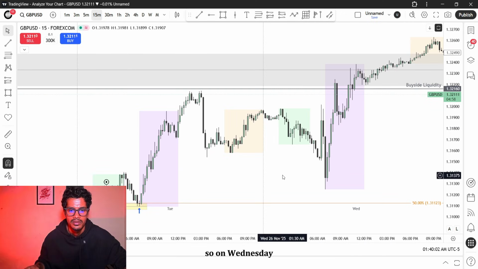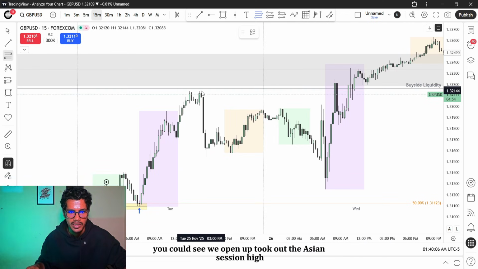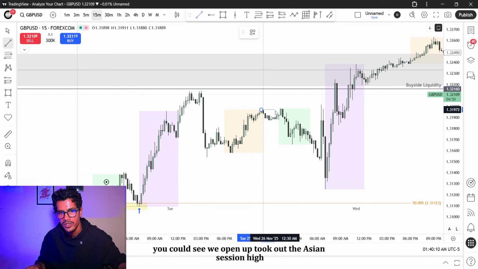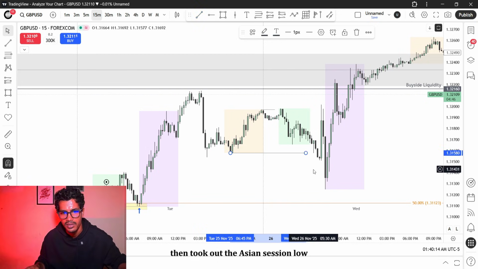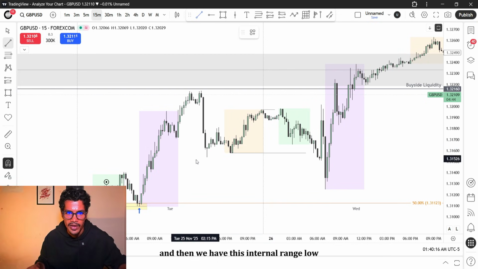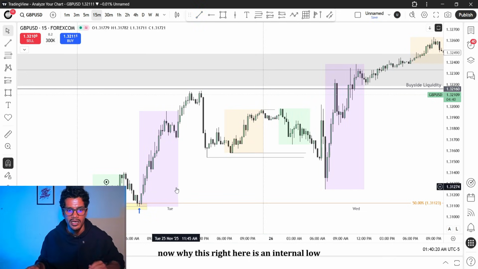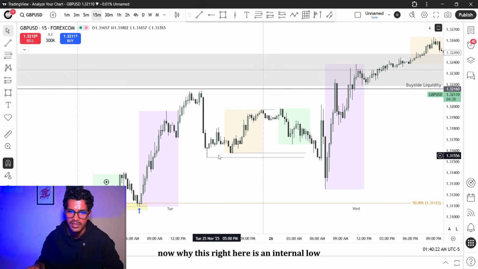All right, so on Wednesday you could see we opened up, took out the Asian session high, then took out the Asian session's low, and then we have this internal range low. Now, why is this right here an internal low?